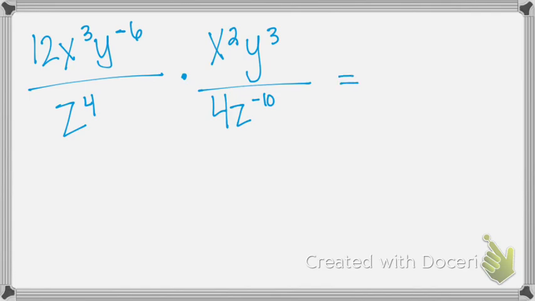So the first thing, if you ever have coefficients out front, remember coefficient is a number, you always want to go ahead and write those. So I have a 12 on top and I have a 4 on the bottom.